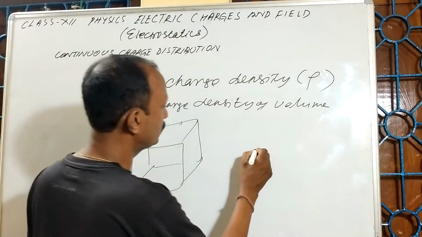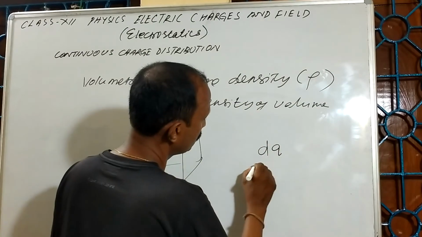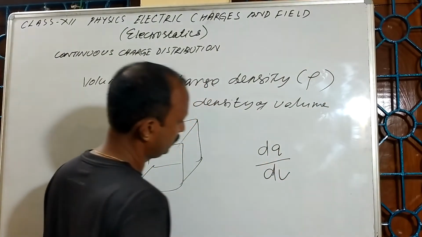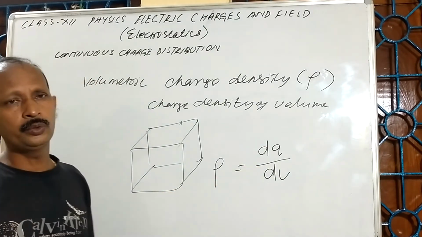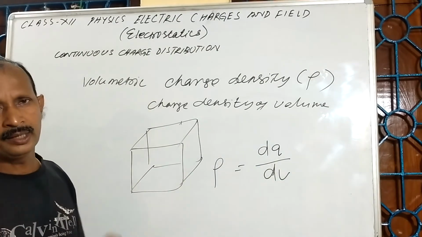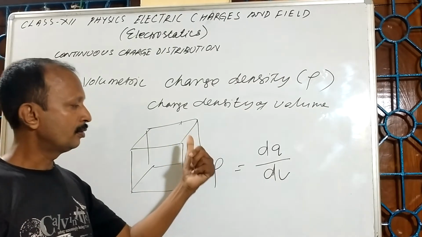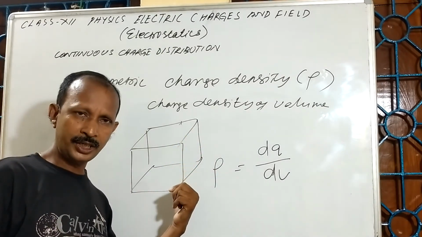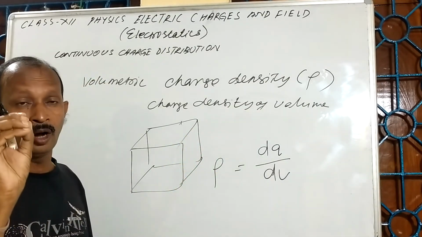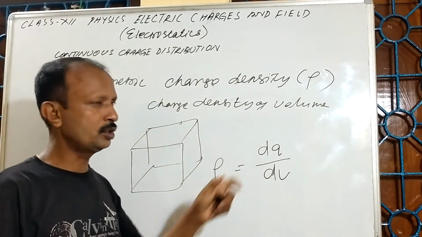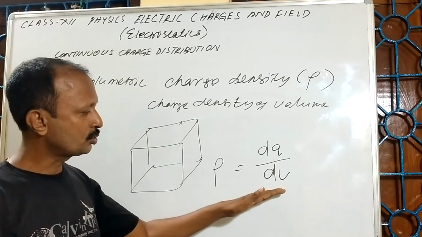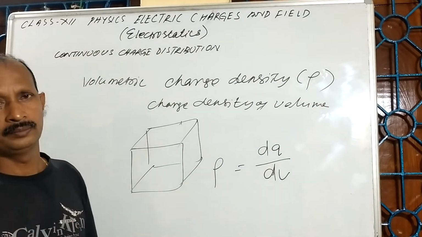So the charge is also very small. So I can write that rho is equal to dq upon dv, the density at a small particular point. Mathematically, it is a ratio between charge to the volume.